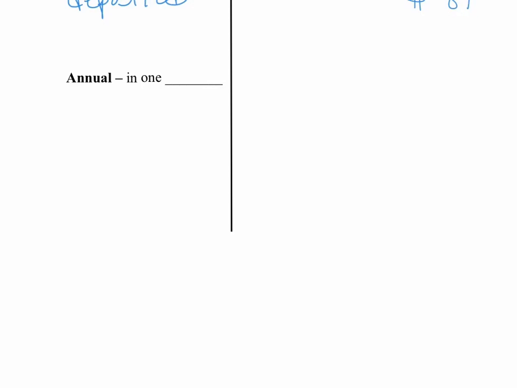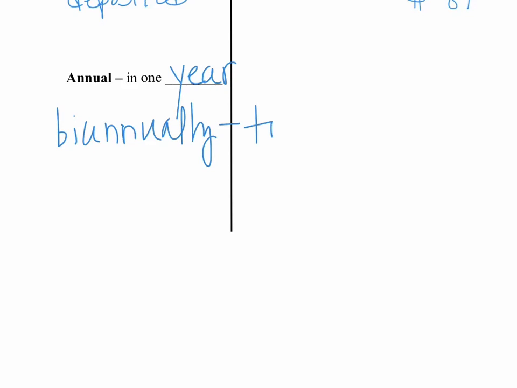Annual, that is correct, indicates in 1 year. If we say biannually, that's twice a year.